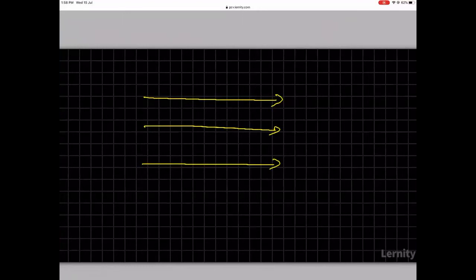For the third question, the electrons are moving from west to east. Suppose the magnetic field is from north to south. This is the electric field. Then the magnetic field should be such that it pushes the particle this side. Only then will it move in a straight line.